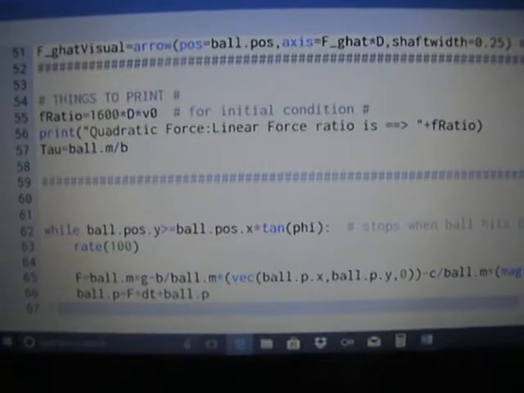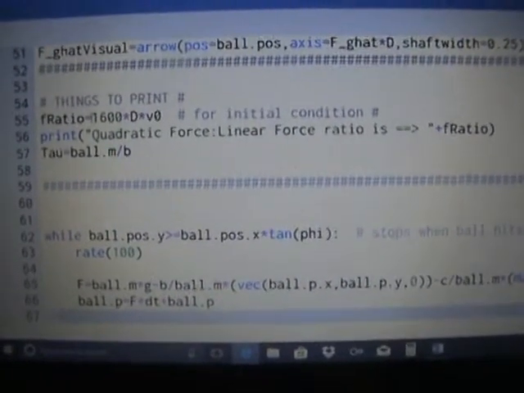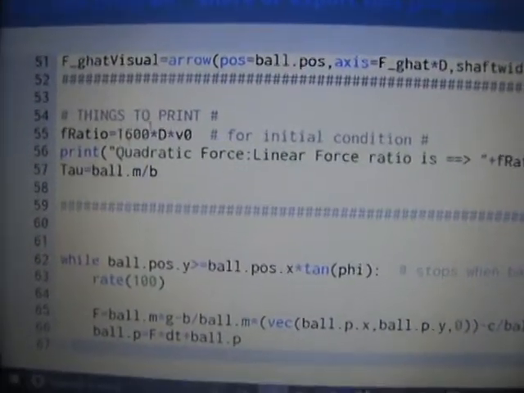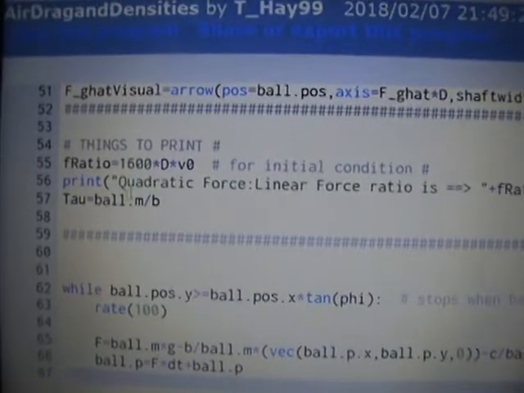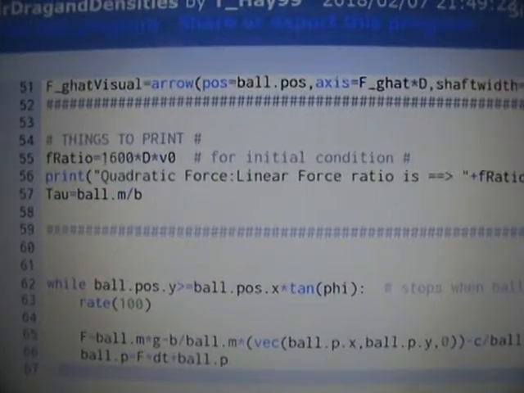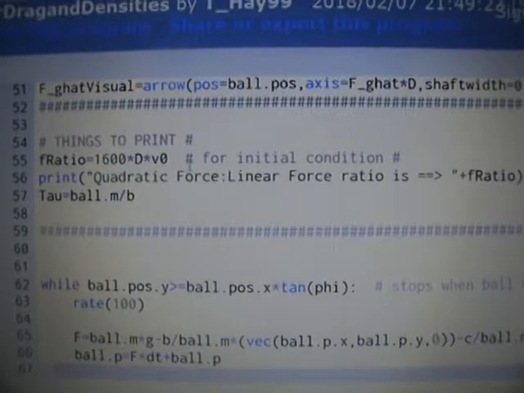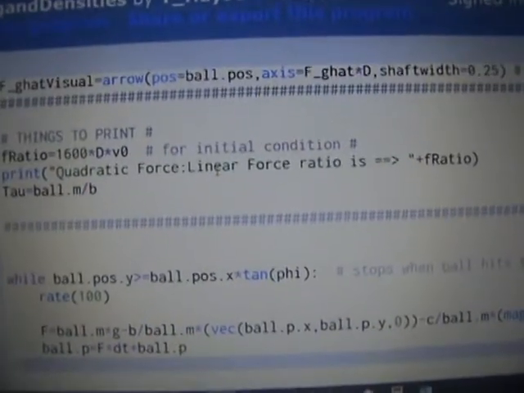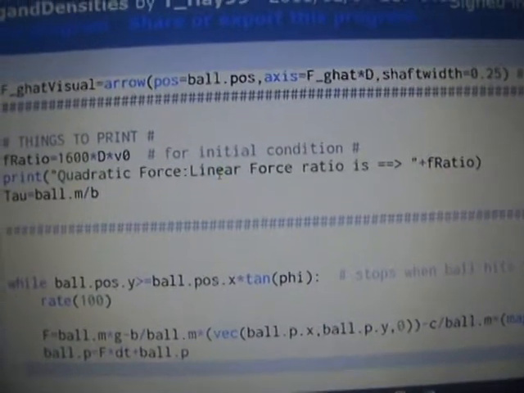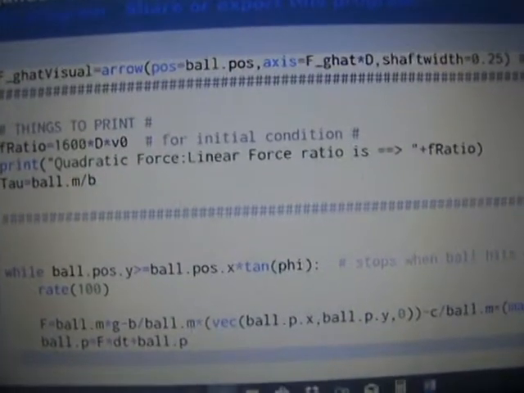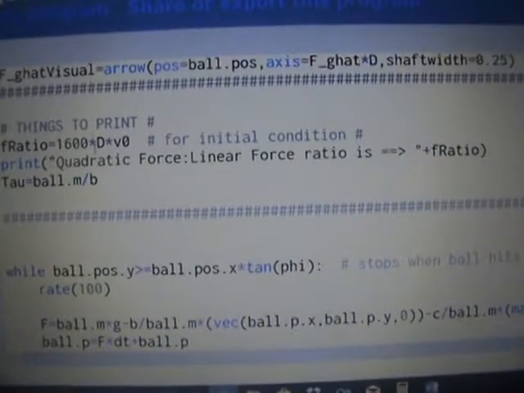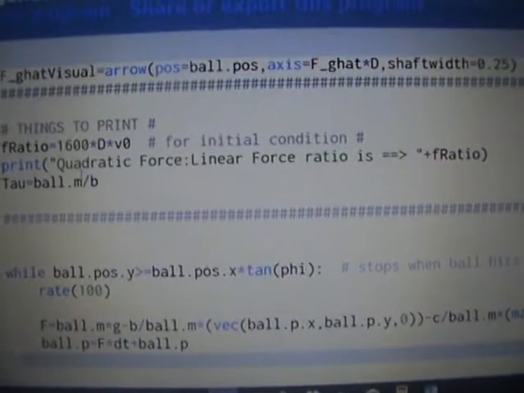I was talking about the formula for the ratio. I've condensed it down right here and print it to the screen, so you could have some knowledge of what's the driving force, or what's the most dominant force, quadratic or linear. And this was installed because before I did the quadratic force, I only had linear.